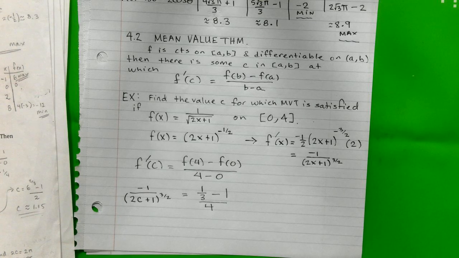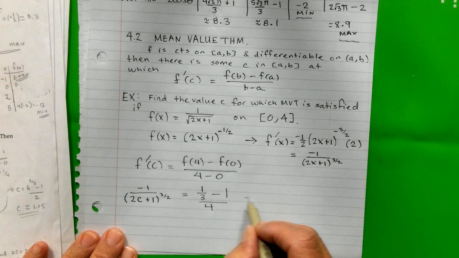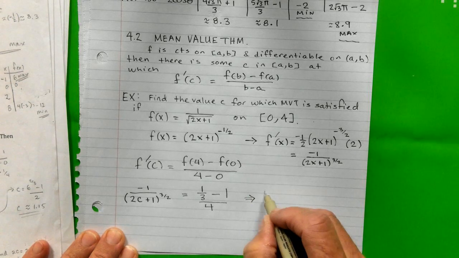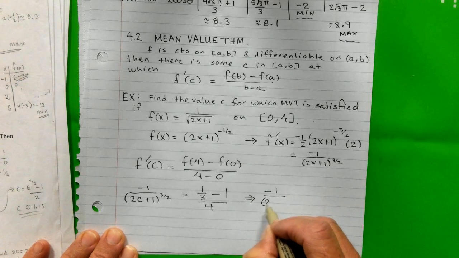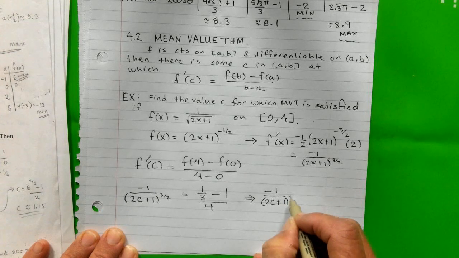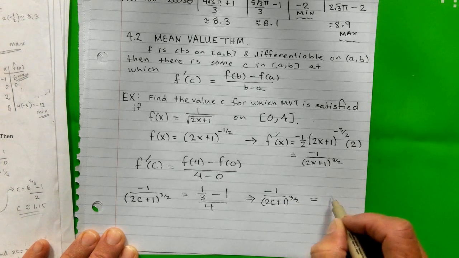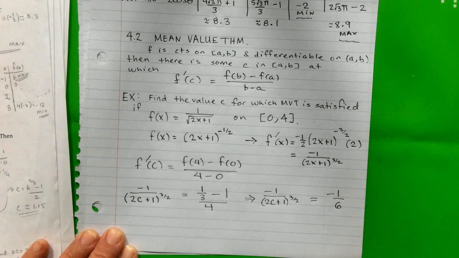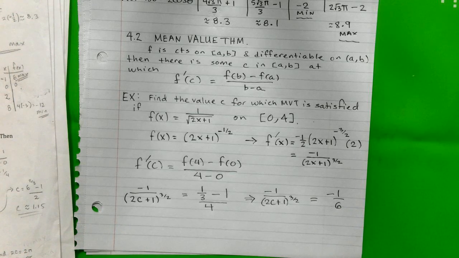How about a negative 1/6? So you can cancel the minus signs on each side. Now we need to solve that for c. The c's in the denominator, so we need to get it out of there.